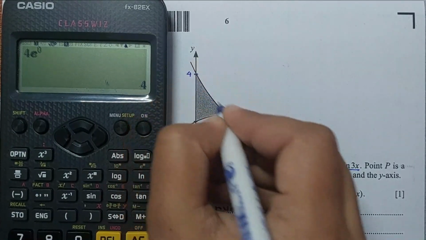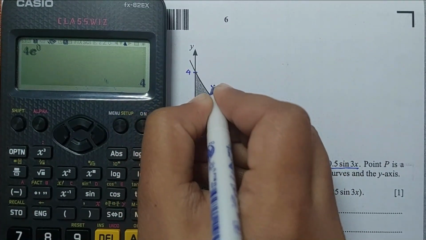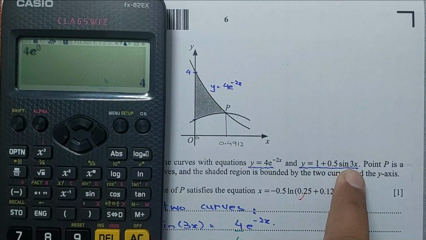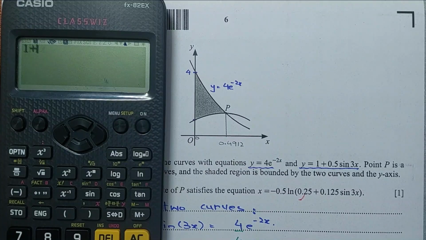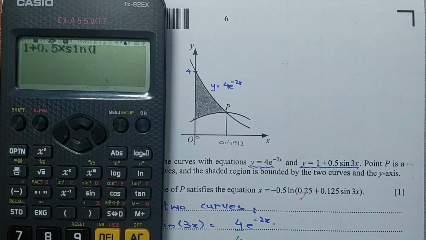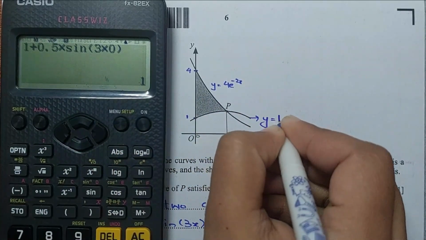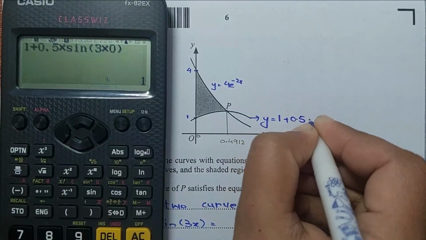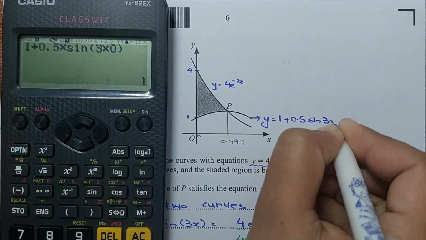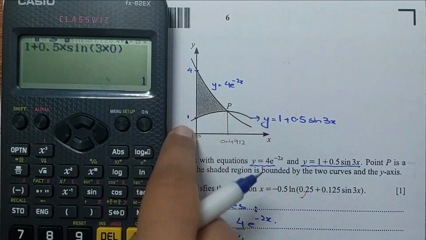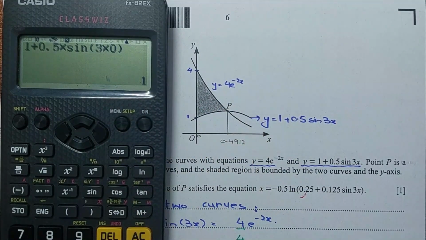So this curve is y equals 4 to the power minus 2x. And if you put x equals 0 over here, 1 plus 0.5 multiplied by sine 3 times 0, this is 1. So this bottom curve is y equals 1 plus 0.5 sine 3x. Now we have to integrate the upper curve from 0 till this limit, and subtract the integration of the lower curve between these two limits. That would be the area of the shaded region. I hope this is clear now.